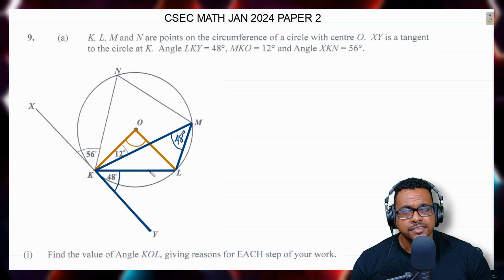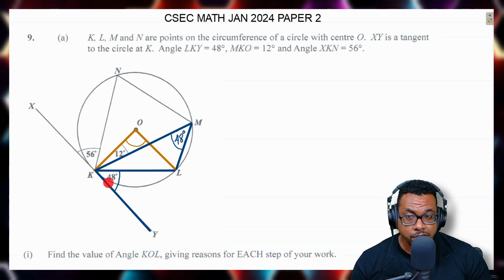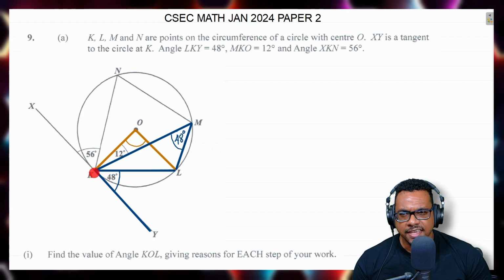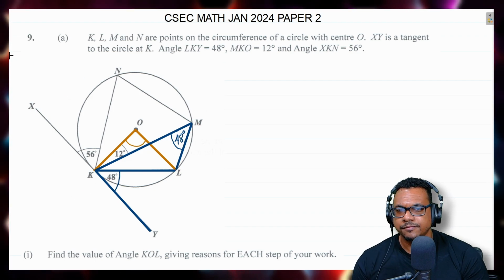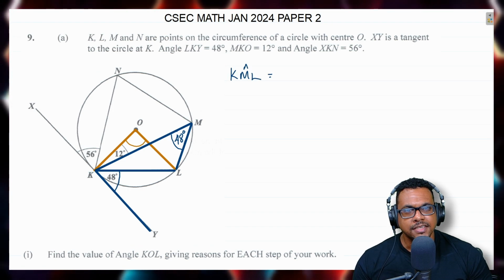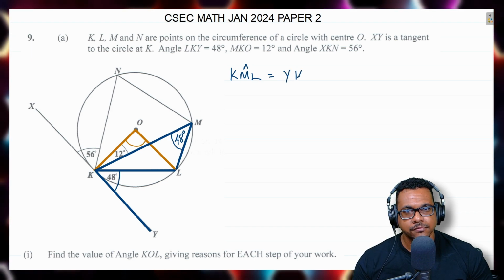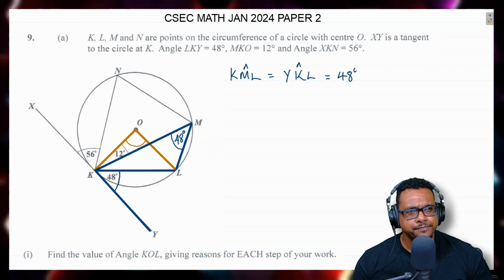All right, so let's write our reason for this angle being 48 degrees, which is, angle between tangent and chord is equal to the angle in the alternate segment. So I'll write angle KML. So angle KML is equal to angle YKL, which is equal to 48 degrees.